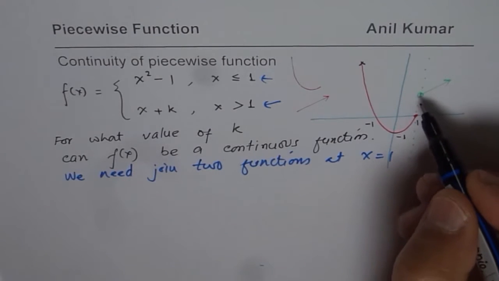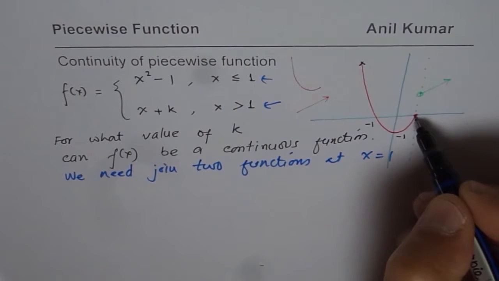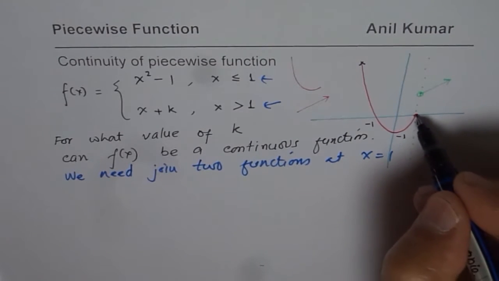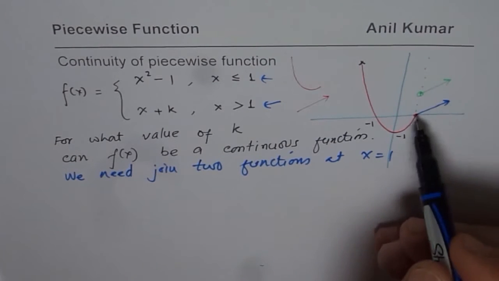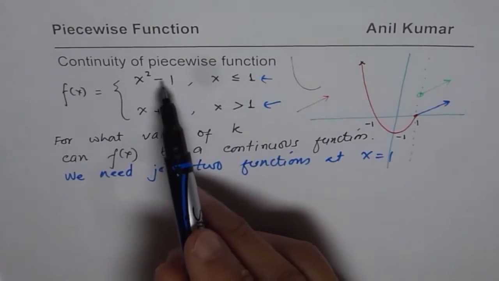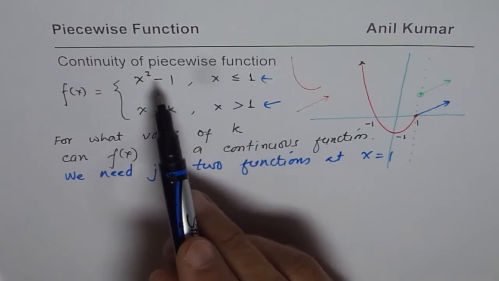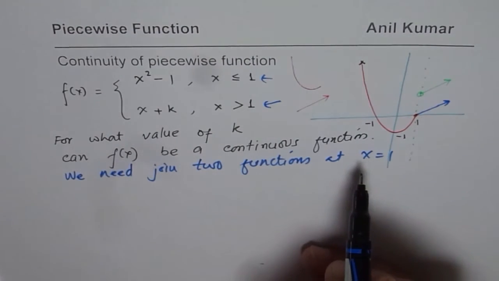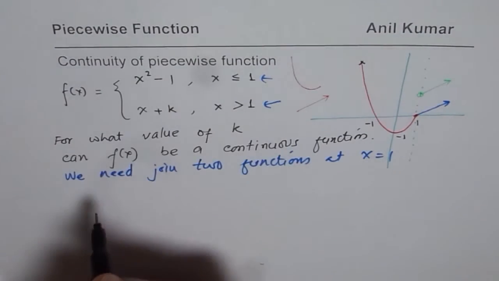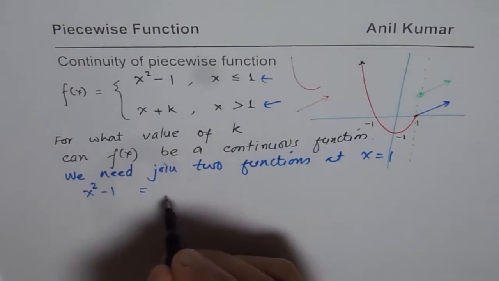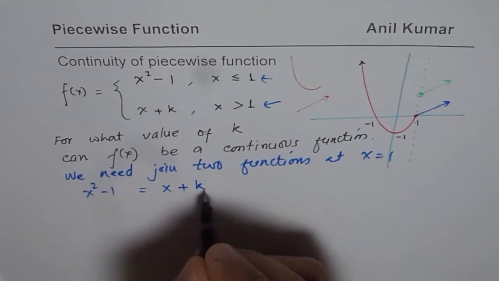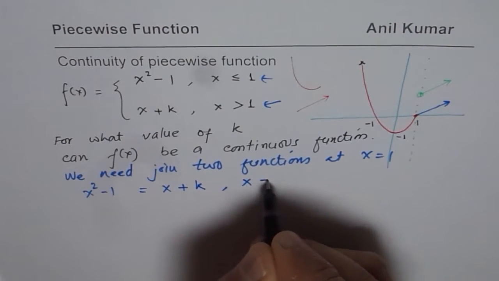So if this hole overlaps this filled in place, then it becomes continuous. This kind of a function will actually be continuous, and that can be done if we equate these two values at 1 to be the same, right? So what we are trying to say is that these two pieces, x squared minus 1, should be equal to x plus k at x equals 1.